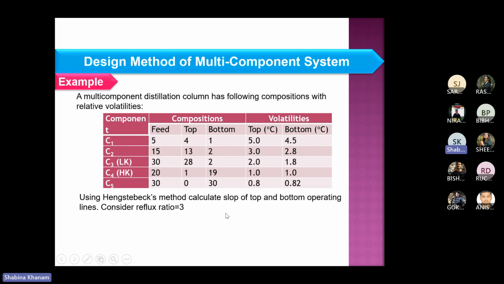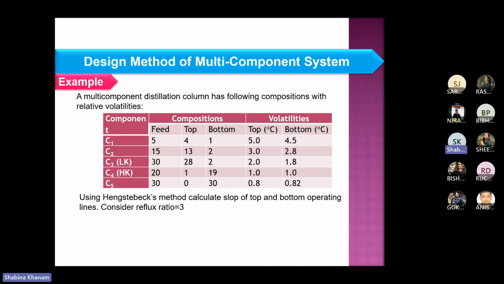If that type of situation is there, when you are not able to clearly identify where the light and heavy key are occurring in the mixture, in that case you are already aware between which components separation is required. It means that would be known to you.